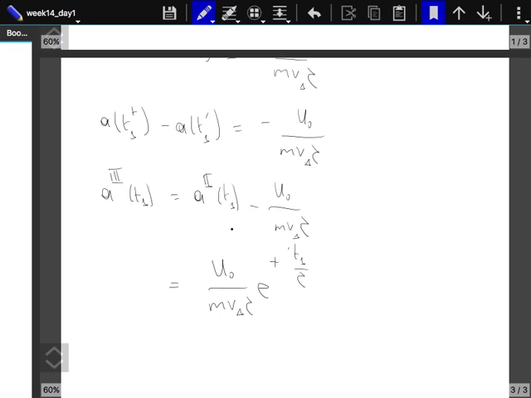This is the acceleration in the second region at the time t1. Now this is u0 over m v0 tau e to the power t1 over tau, minus u0 over m v1 tau. This is the acceleration in the third region at the time t1.